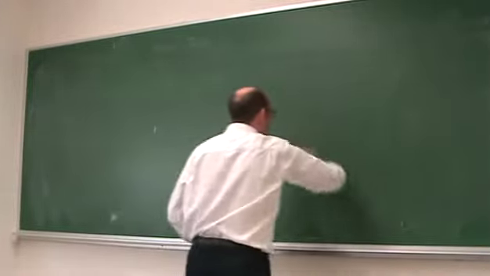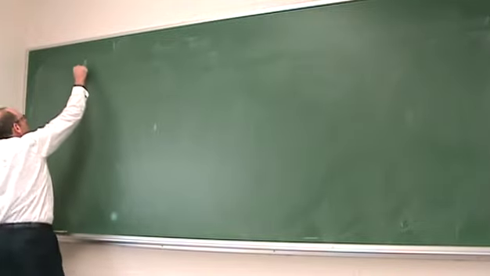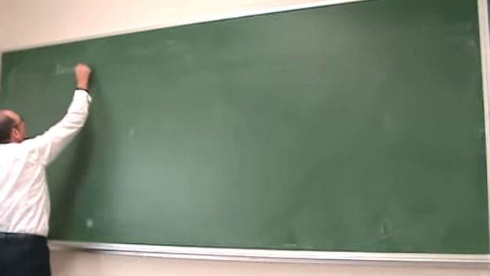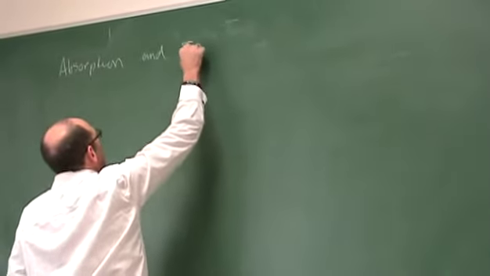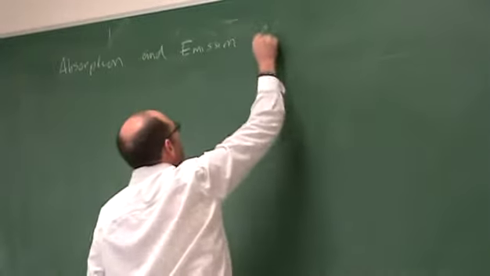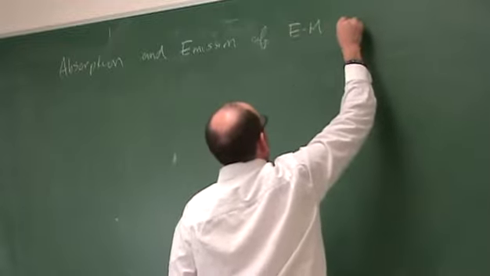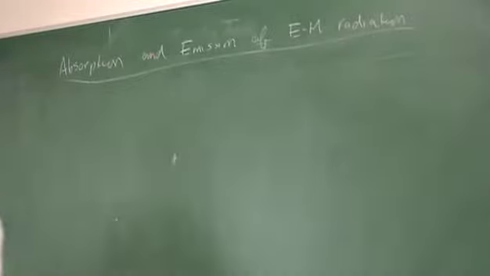And for that, I now want to turn our attention to thinking about the problem of absorption and emission of electromagnetic radiation. So this is where we were a week ago. We had written down the interaction Hamiltonian. We had made the gauge transformation and expanded it as a multipole expansion.